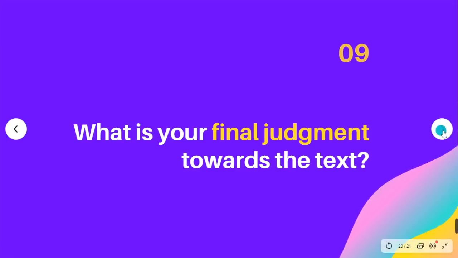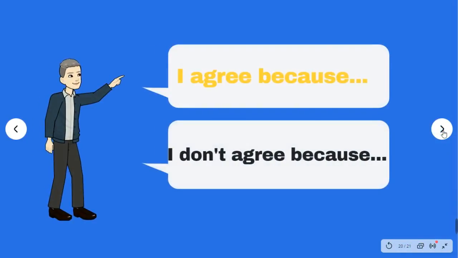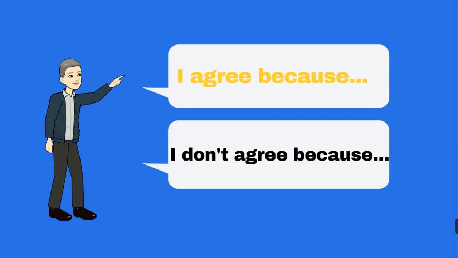You may agree because of some reasons, and you may disagree because of other reasons. So it is fair for us to be pro or con on a particular text, but what we need to have is reasoning, the logic or the thinking behind our reasons.